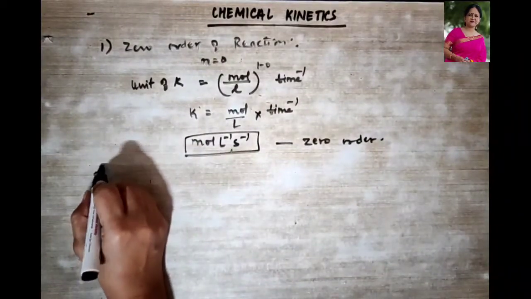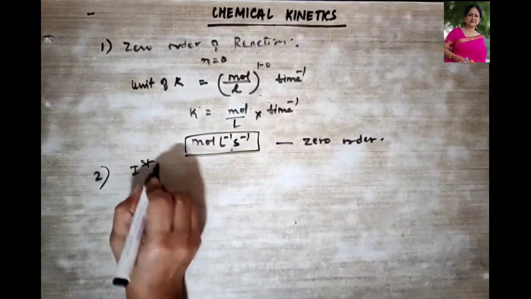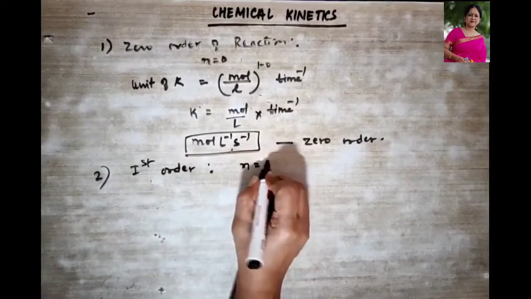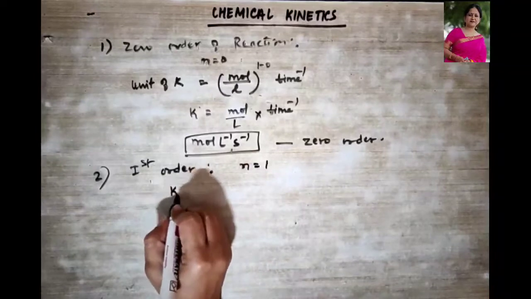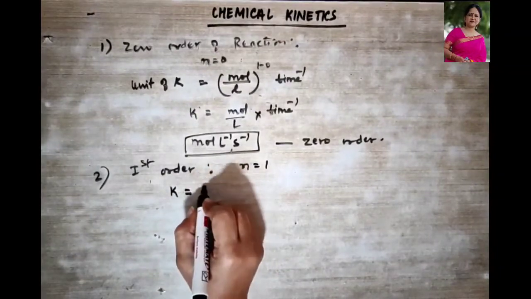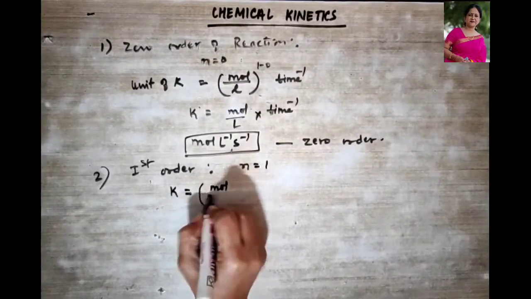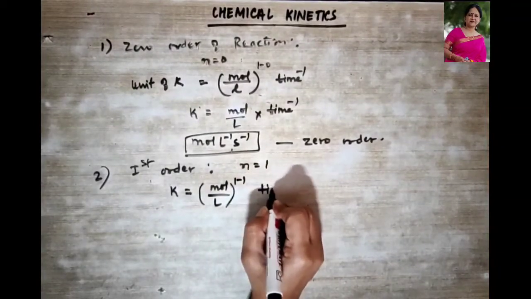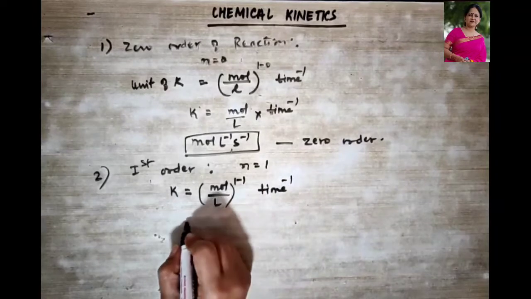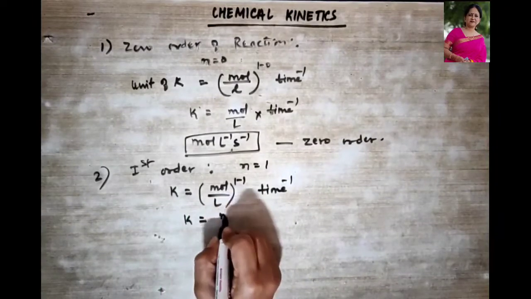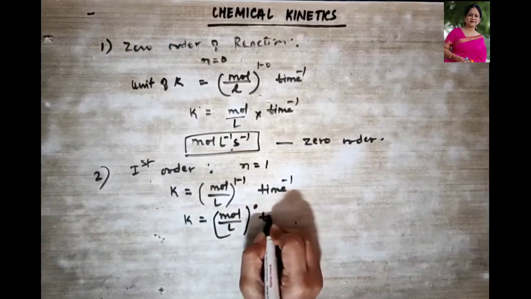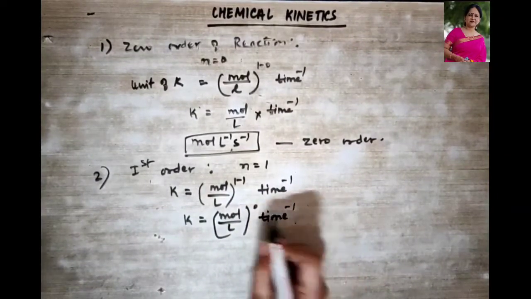Then coming to the second one, that is first order. Now over here, when n is equal to 1, your rate constant K will be equal to moles per liter to the power of 1 minus 1, per time, right? So this will be equal to what? Mole per liter to the power of 0 per time.